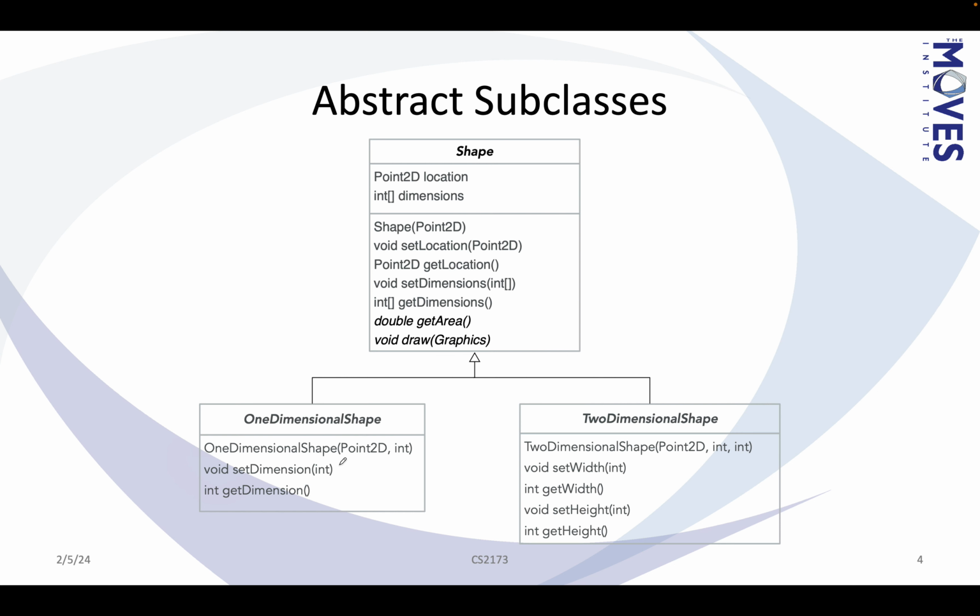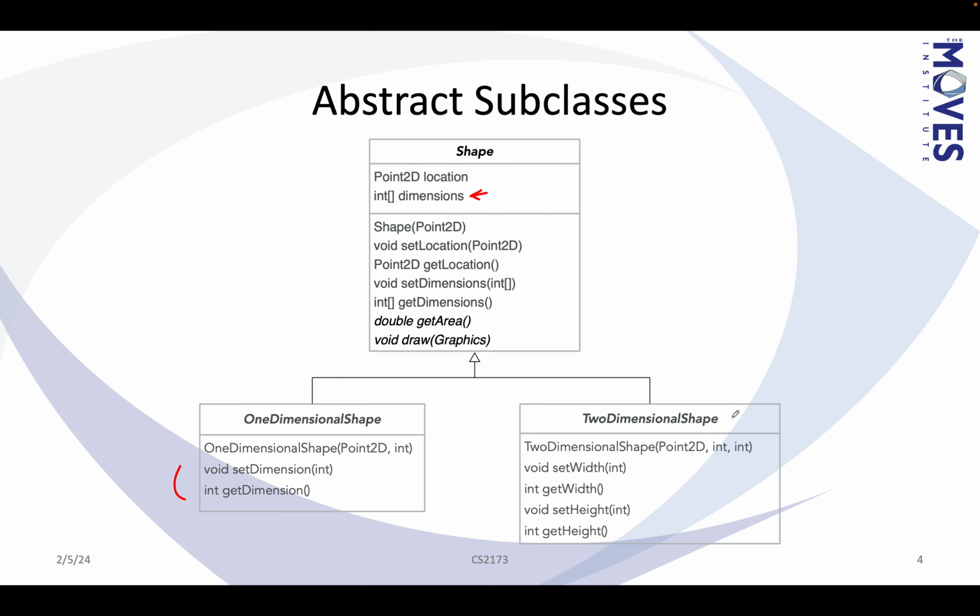I'm going to add an extra setter and getter for that, but I'm going to use this to actually get these values. In other words, when I set the dimension, it actually sets the array in the superclass, and we'll see how to do that.